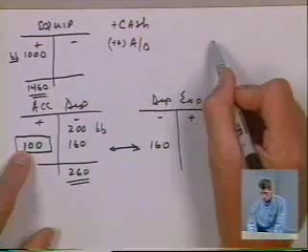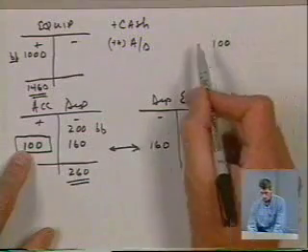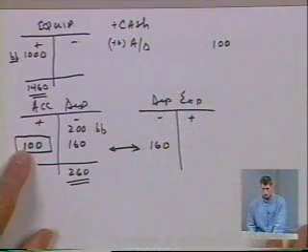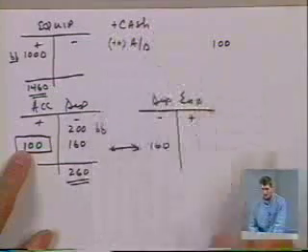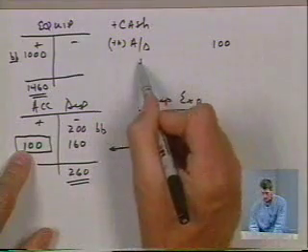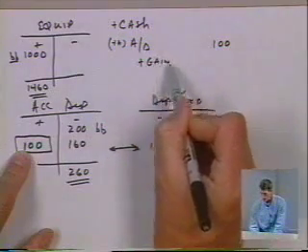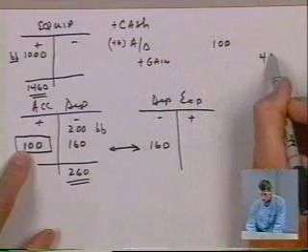And we just saw accumulated depreciation is 100. The amount of cash, we don't know yet. We also know that there was either a gain or a loss on this transaction. And we know from the income statement that we had a gain of $40. So a gain would be a credit.